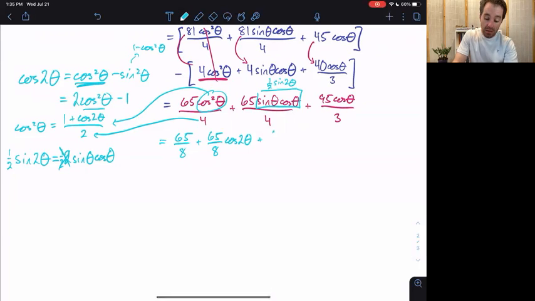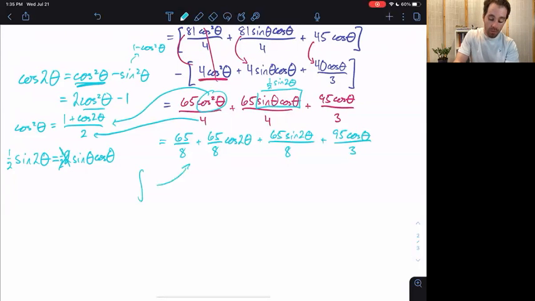And then this is 65 sine 2 theta over 4 over 2, which is over 8 again. And this one doesn't need to be changed at all. All right, so now we want to integrate this from 0 to 2 pi along theta.